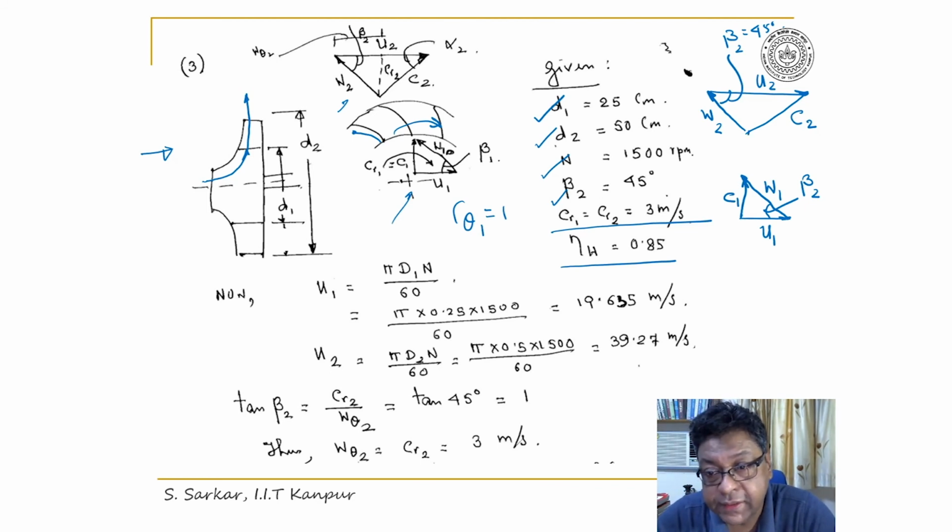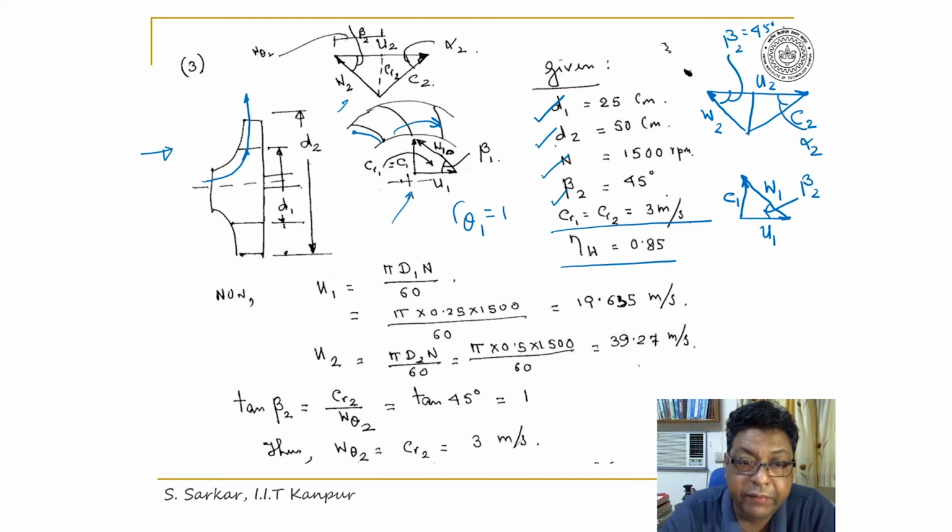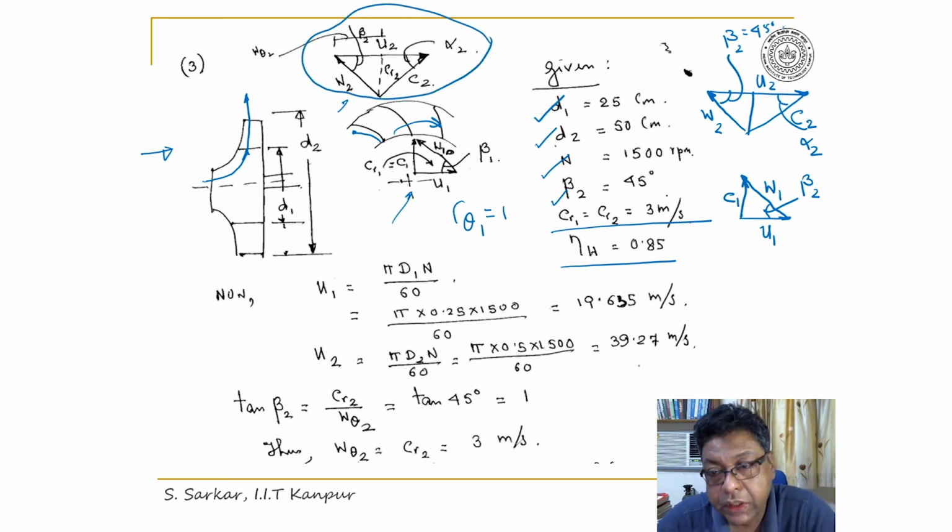This will be CR, the radial component, that remains constant. This will be alpha 2 that I have drawn over here. Now, the tangential component of W2 would be W theta 2, as I am indicating here.